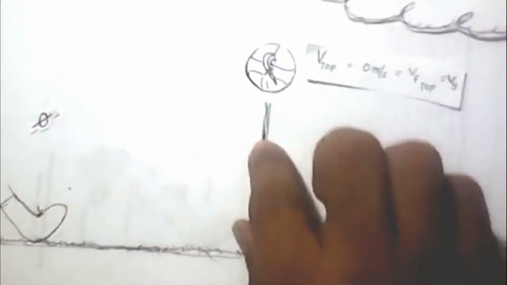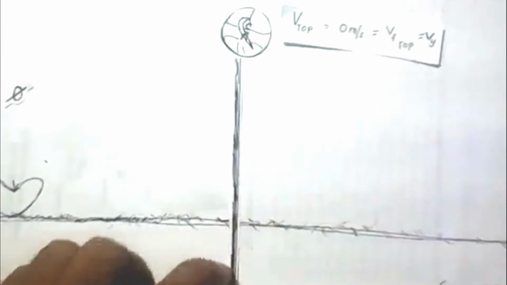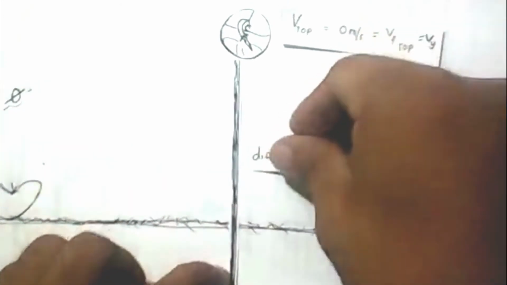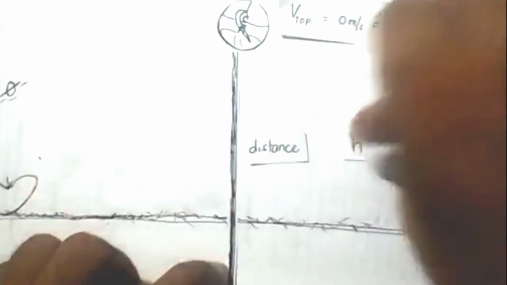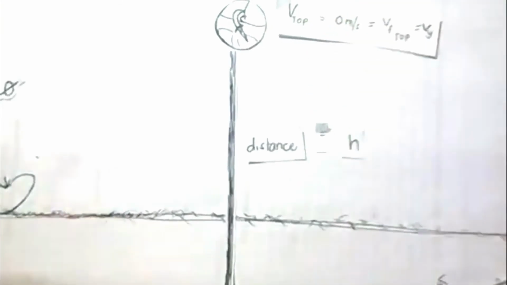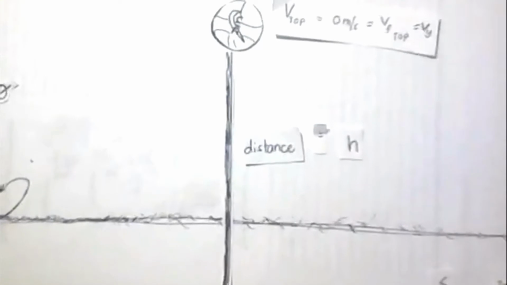And when that time comes, the ball is at its maximum distance from the ground, from here to that position. That is the distance along the y-axis, which is the maximum height of the ball from the ground. That's it.